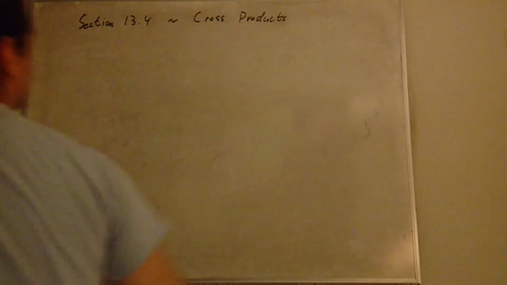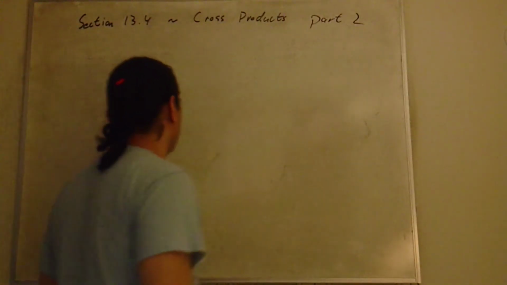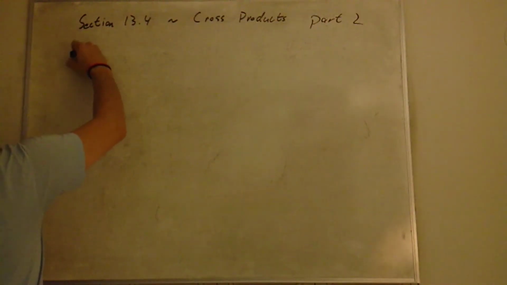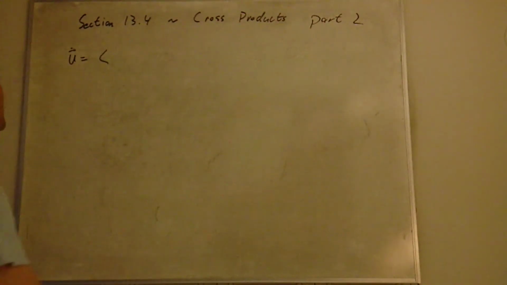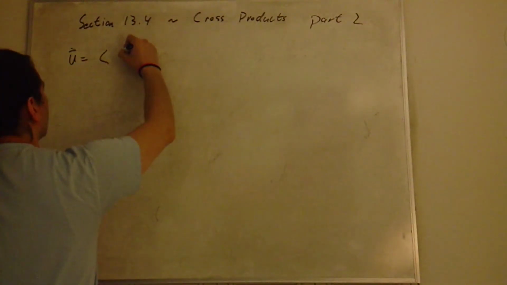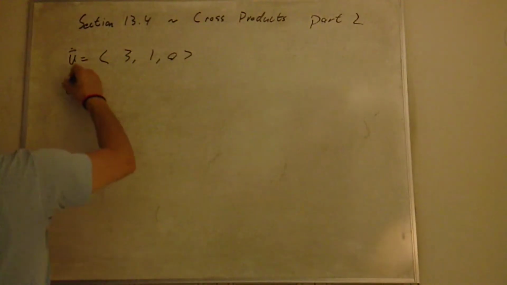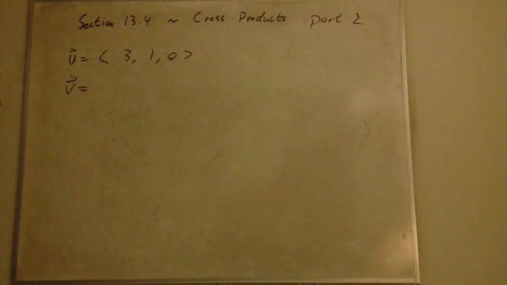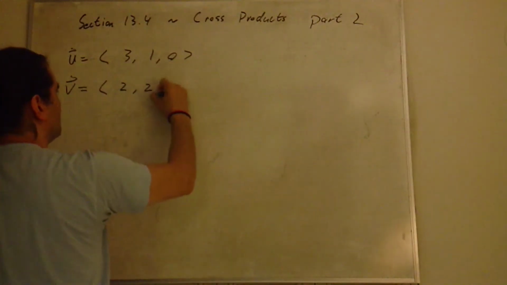Oh, no, this is still part 2. Let's do 2 new vectors. Let's say I want to find 3, 1, 0, and on this one I want 2, 2, 2.